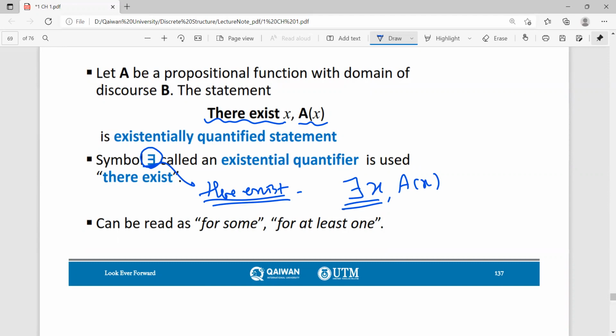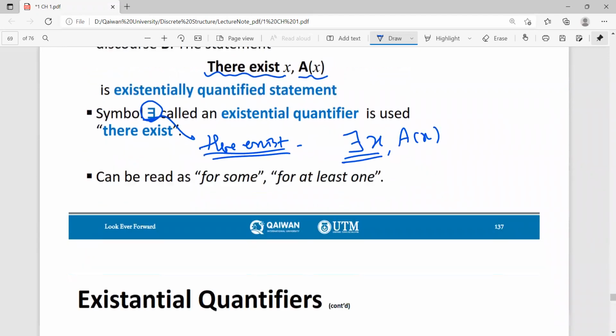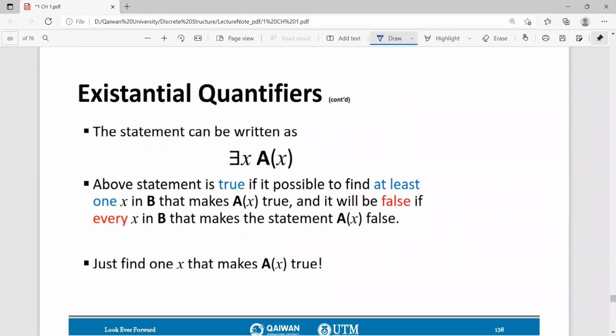If there's at least one point in the domain, the statement is true. We say the proposition is true. That means if we can find at least one x in the domain that makes A of x true, we say the statement is true.